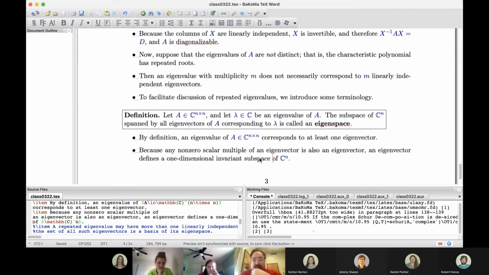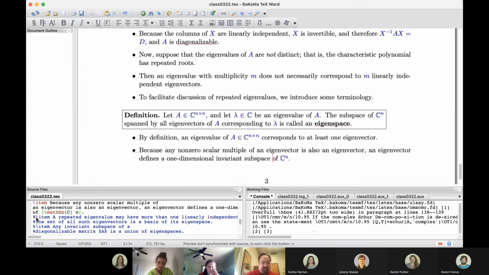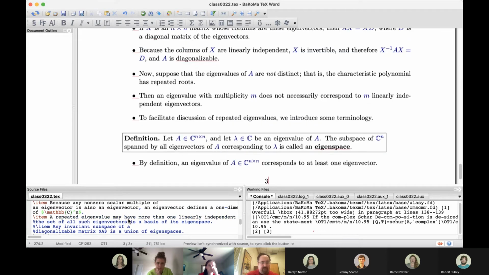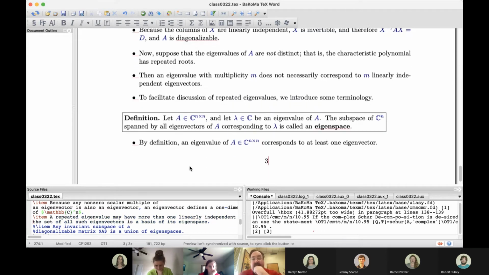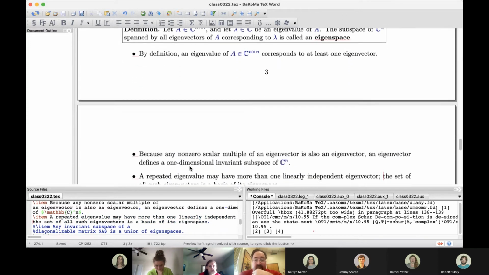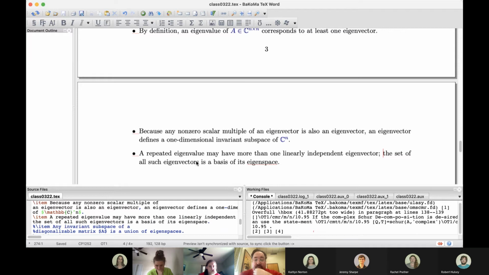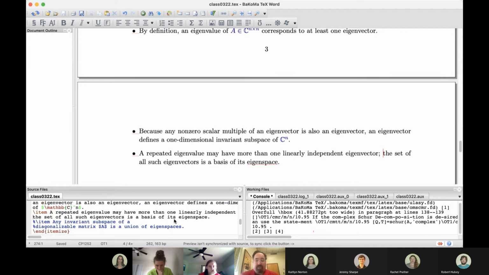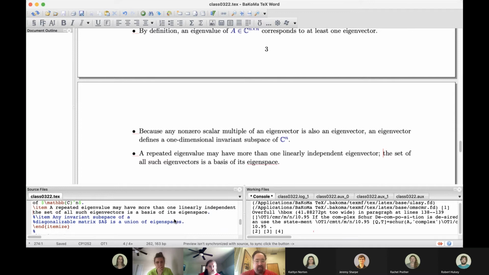If lambda is not a repeated eigenvalue, then that one eigenvector does span a one-dimensional eigenspace. But that's not necessarily true if lambda is repeated. A repeated eigenvalue may or may not have more than one linearly independent eigenvector. However many you have, that's the basis of the eigenspace.